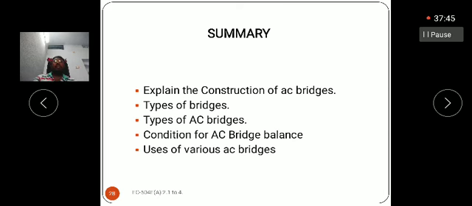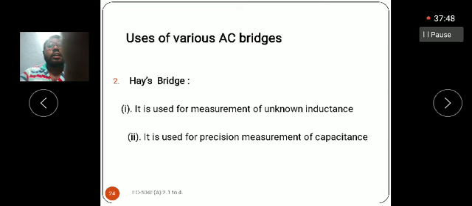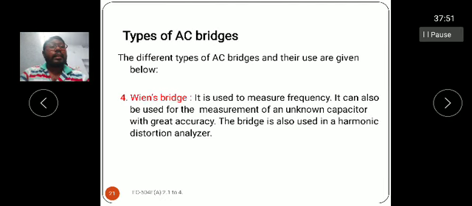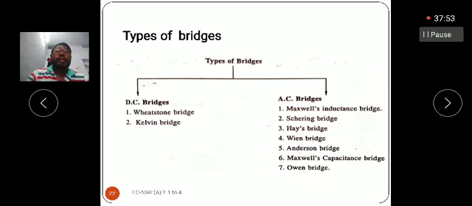That is the classification of the AC bridges: Maxwell's inductance bridge, Maxwell's capacitance bridge, Schering bridge, Hay's bridge, Wien bridge, Anderson bridge, and Owen bridge. That is the types of AC bridges.